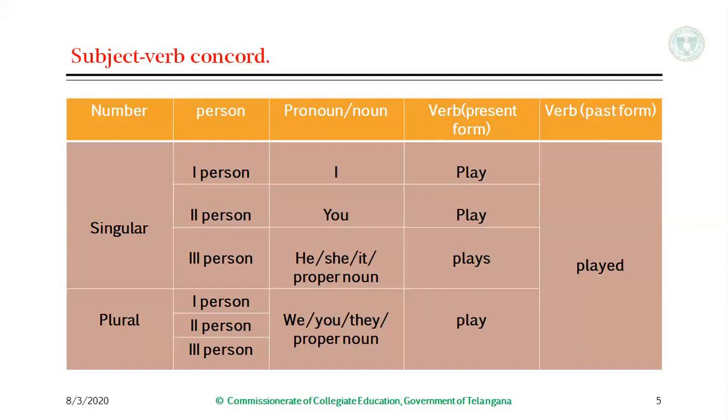You like music. But in case of the past tense, you played cricket. You planted so many trees. You saw a movie yesterday. They saw a movie yesterday. We saw a movie yesterday. My friend saw a movie yesterday.